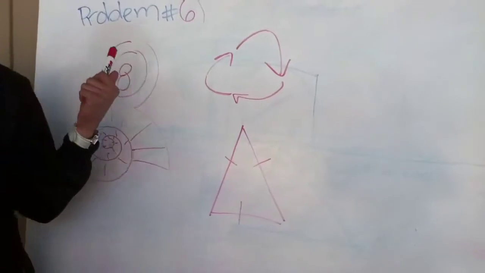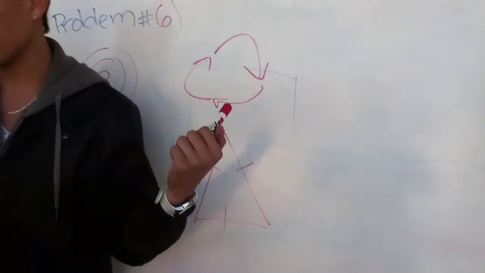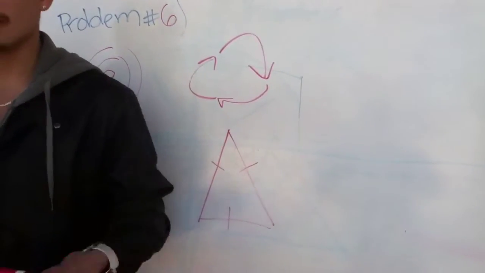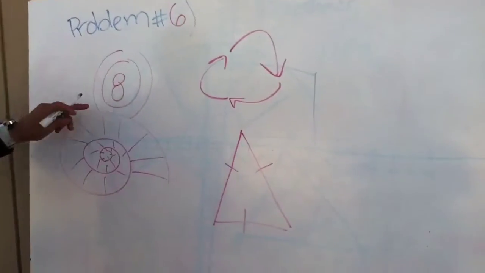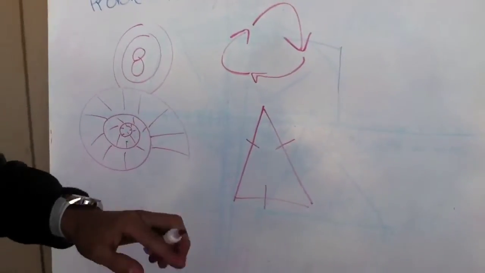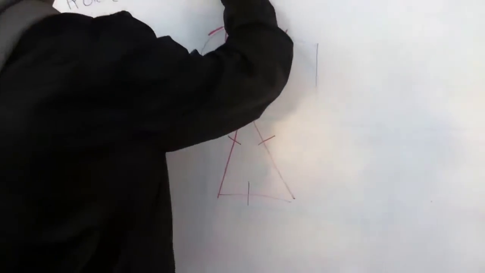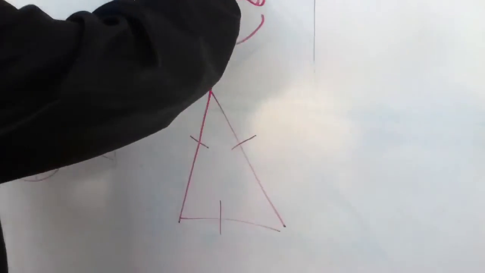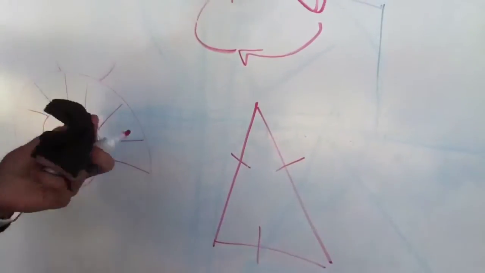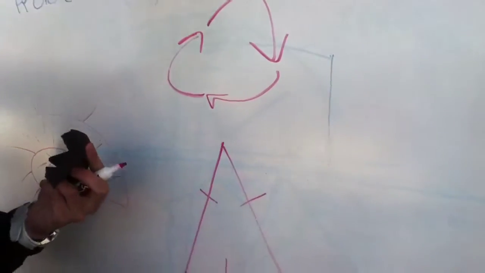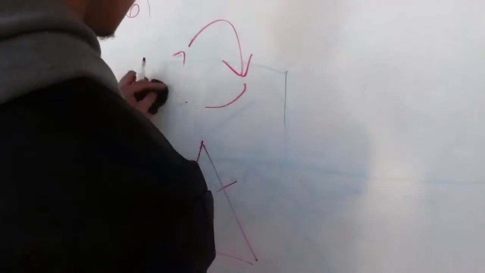Problem 6. Which object does not exhibit rotational symmetry? Obviously, the 8 ball does, because you can rotate it twice. Obviously, the recycle logo, of course you can. You can keep going.